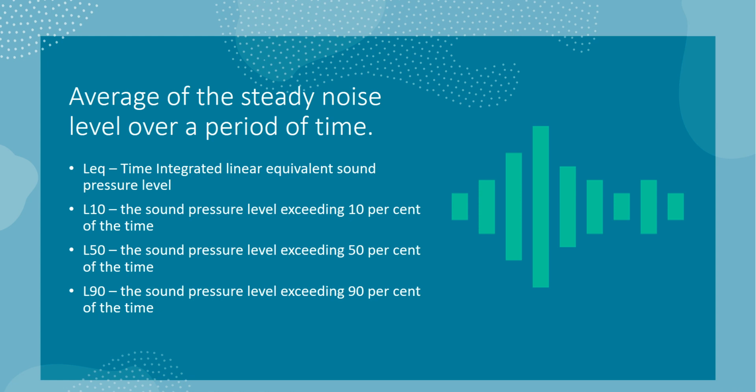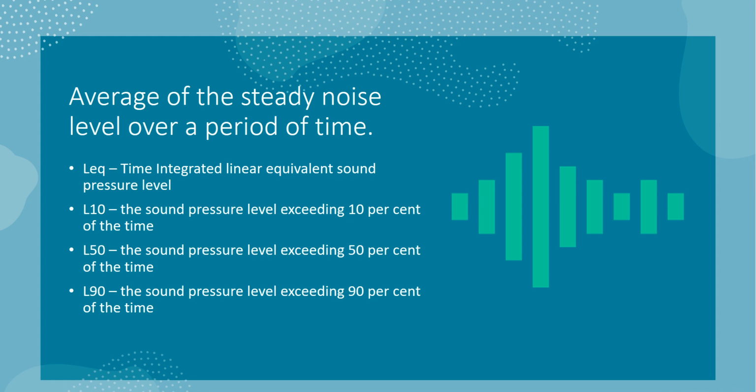What it indicates is, over the time period, what will be the time-integrated sound level. There are also L10, L50 and L90, which are basically the sound pressure level exceeded 10% of the time, or 50% of the time, or 90% of the time.